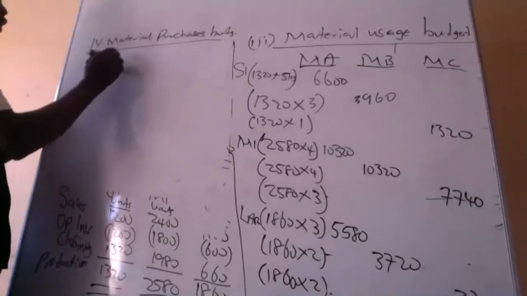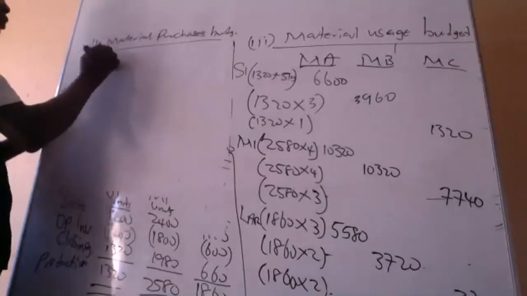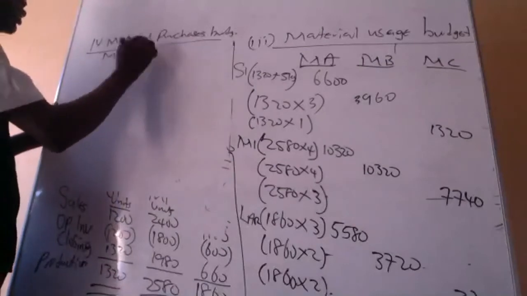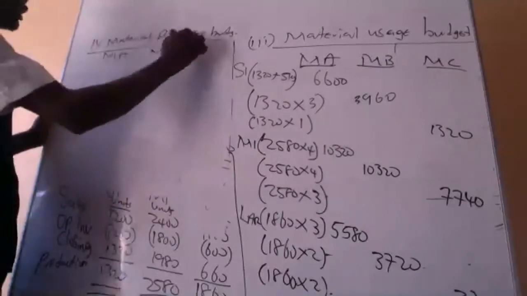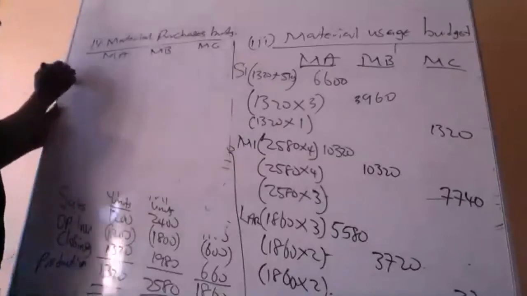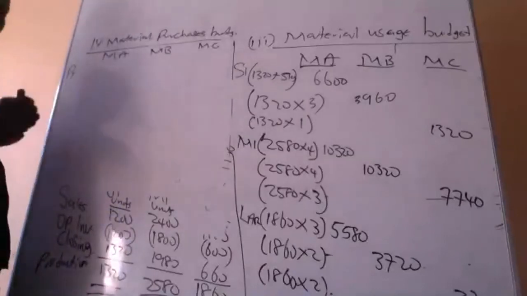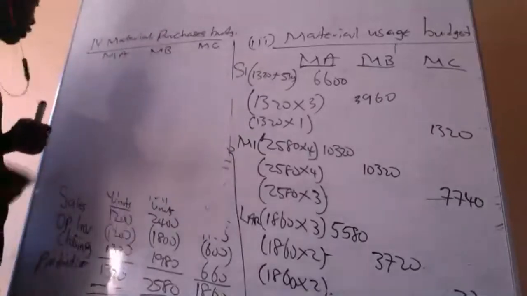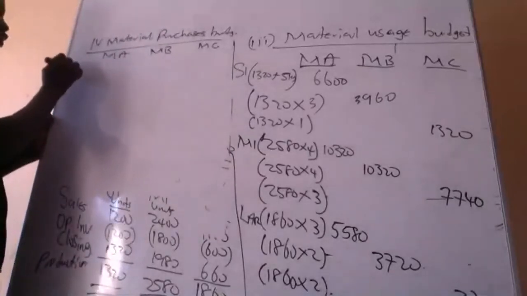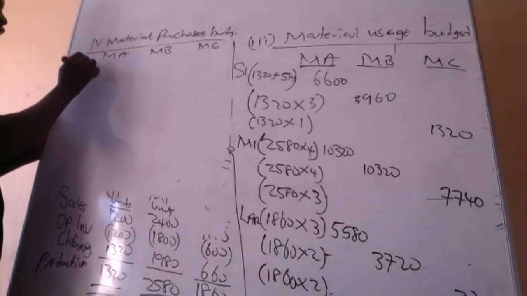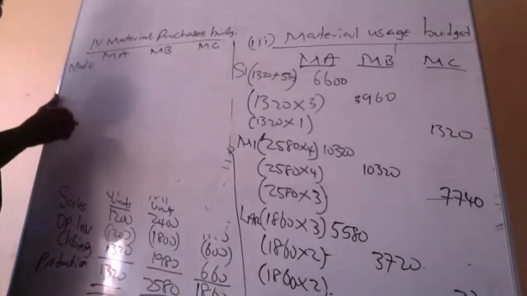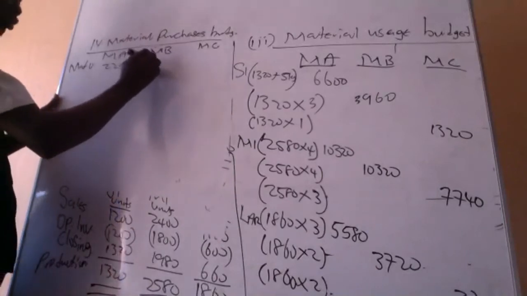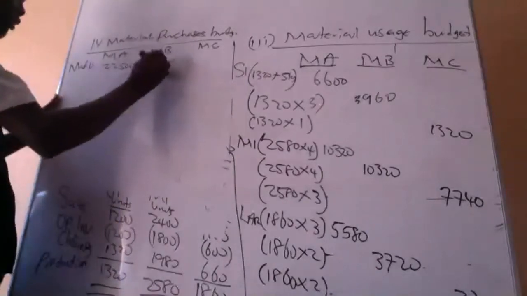So here we start from material MA, material MB, then MC. Instead of production, it is the material usage, or material needed. There will be 22,500, and here it will be 15,500.